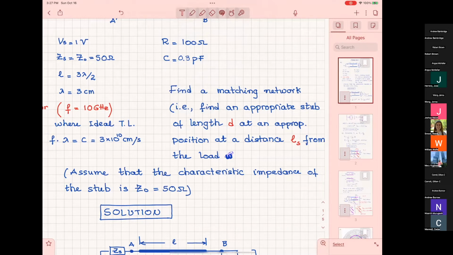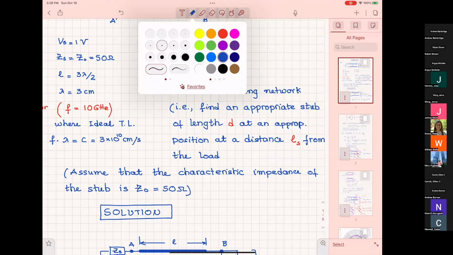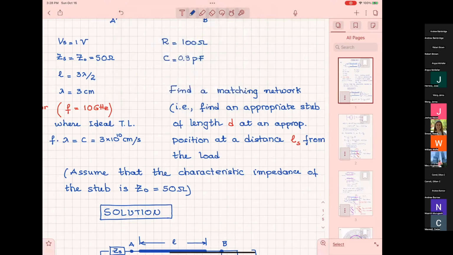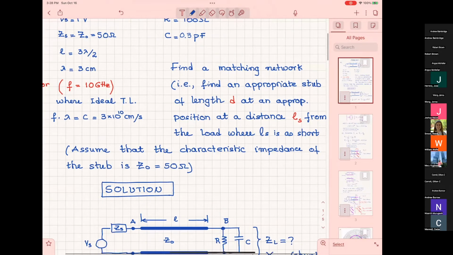I will try to contain the problem so you don't have too many things to look after in that short period of time that you will have available. Where L sub S is as short as possible.